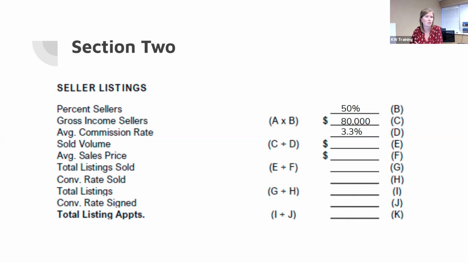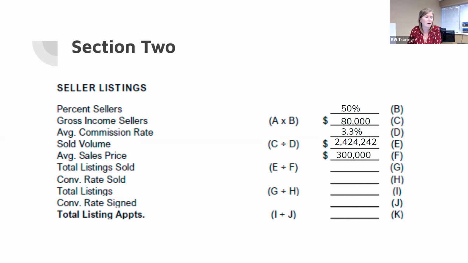If you're typically around 6% commission, your average would be 3.3% on your side of things. Now you're going to divide, in this instance, 80,000 by 3.3%, which gives me roughly a sales volume of 2.4 million. Good.